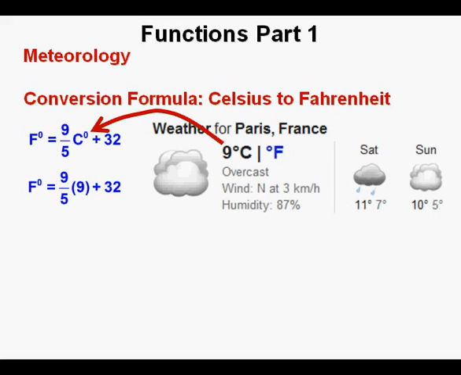And here is the 9 entered into the formula. We have degrees Fahrenheit equals 9/5 of 9 plus 32. And that becomes 81/5 plus 32, which decimalizing converts to 16.2 plus 32, and we get 48.2 degrees Fahrenheit.